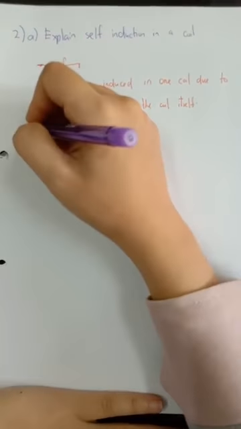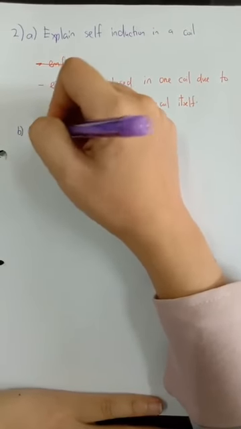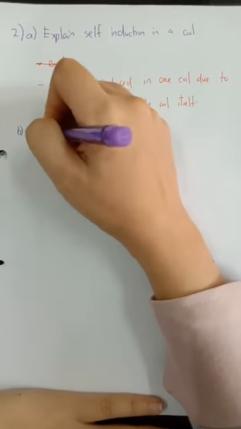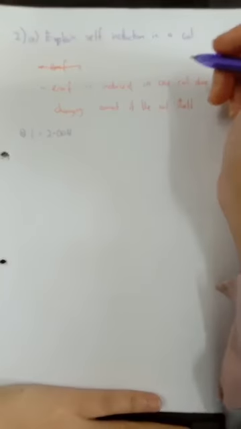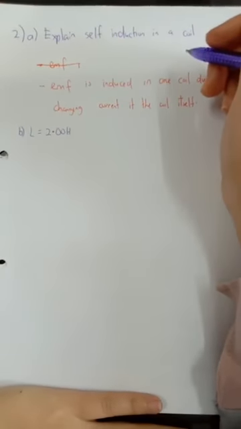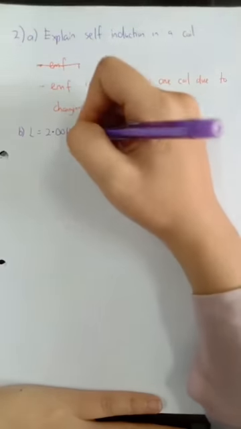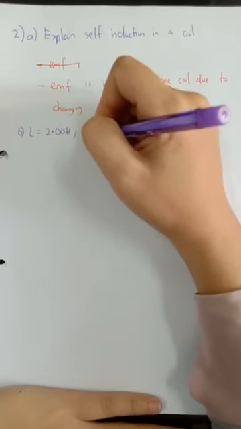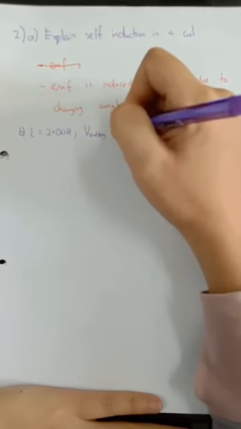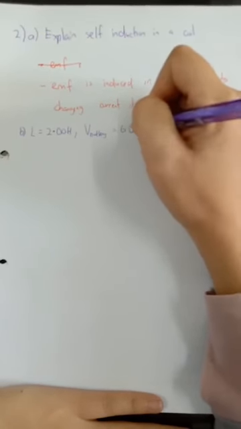We have an inductor with self-inductance of 2.00 Henry connected in series to a battery with EMF of 6.00 volt.